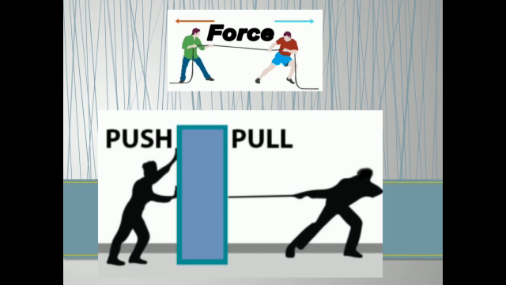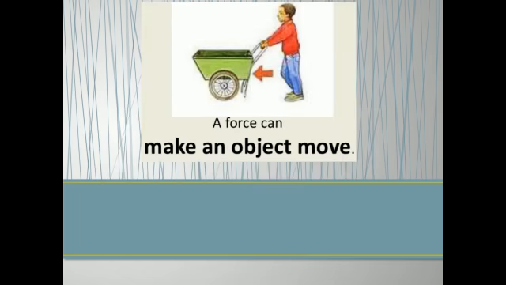We apply force to perform various activities: to lift a glass of water, to push the switch of a TV set to turn it on, or to open a car door, etc. So, with the help of force, a force can make an object move. When you kick a stationary football, you make it move.